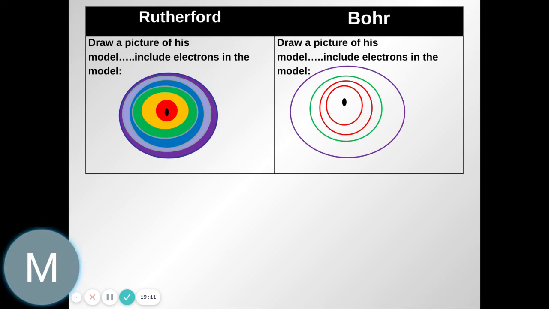So let's review. If Rutherford was right, it would have released that electron to get to ground state, a smear of color, a rainbow of color as it went back down to its healthy home state. If Bohr was correct, it would release only specific lines, specific colors of light, from the purple to the green to the darker red to the less dark red.